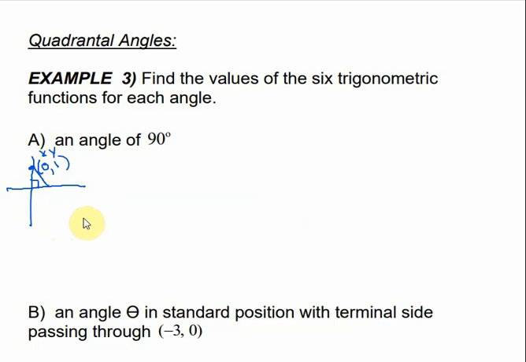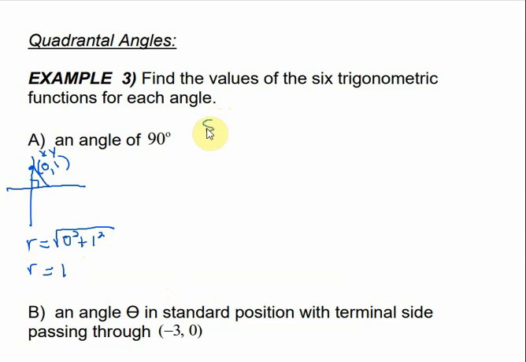To find r, r is equal to the square root of x squared plus y squared. If I square 0, I get 0. If I square 1, I get 1. And 0 plus 1 is 1, so r is going to be the square root of 1, which is just 1.